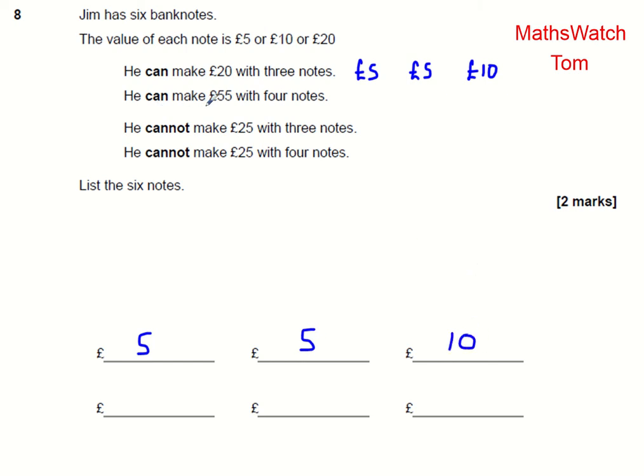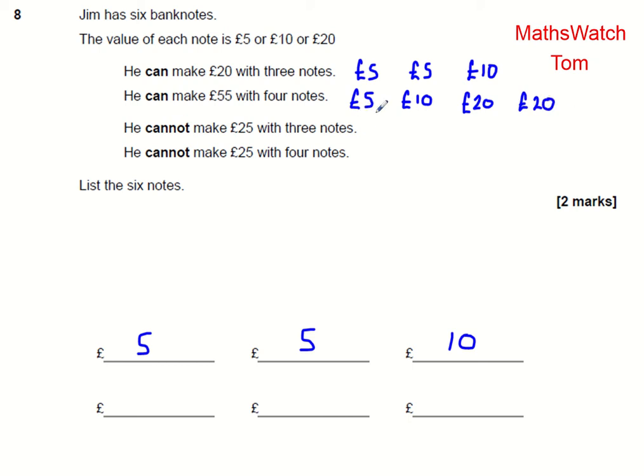He can make £55 with 4 notes. Only way to do that is to have £5 to make it up to 5, a £10 note to make it up to 15, a £20 note to make it up to 35, and another £20 note to make it up to 55.